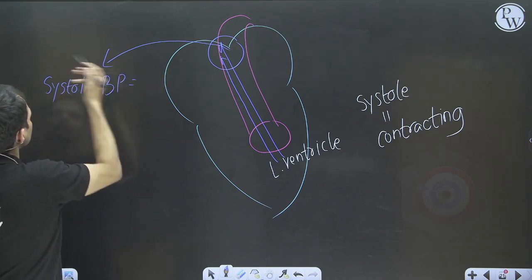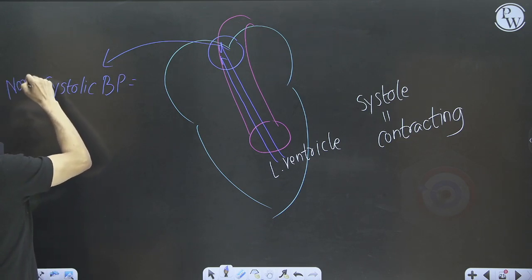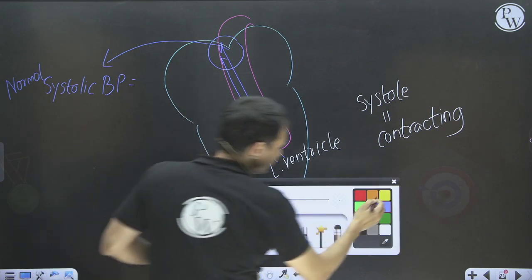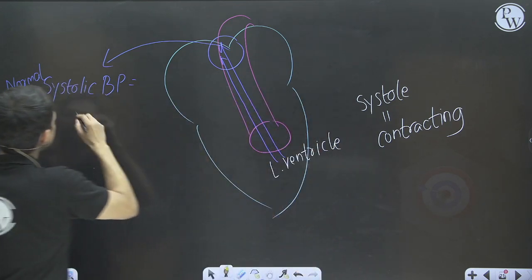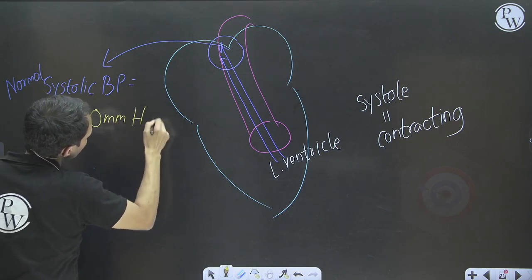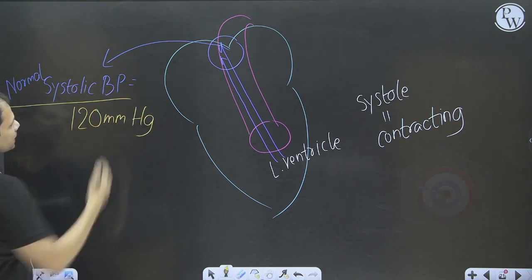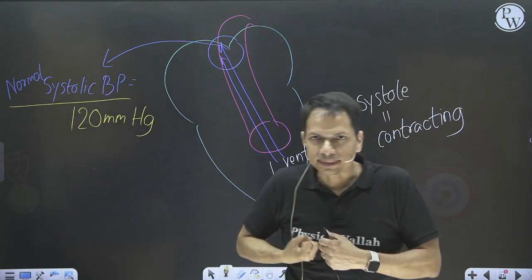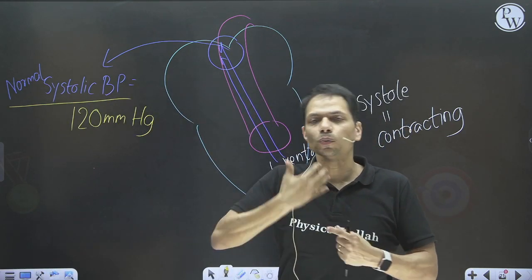In a normal, healthy human being, the systolic blood pressure is how much? It is measured in millimeters of mercury. So 120 millimeters of mercury. That's the systolic blood pressure, okay? When the left ventricle is contracting, the blood is gushing out and hitting the wall of the aorta.